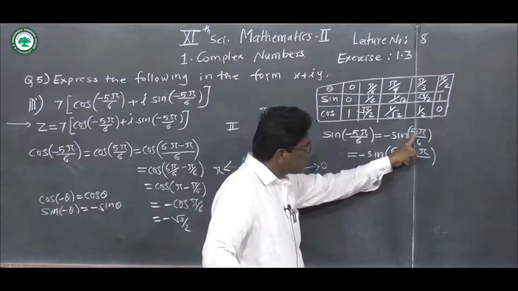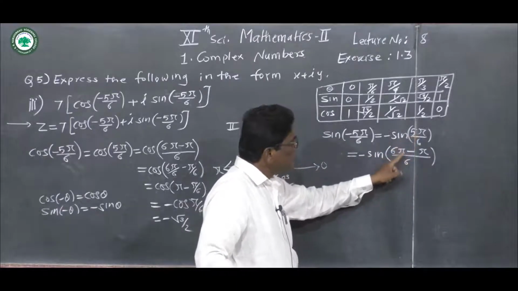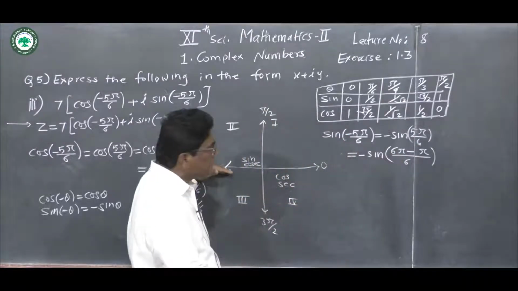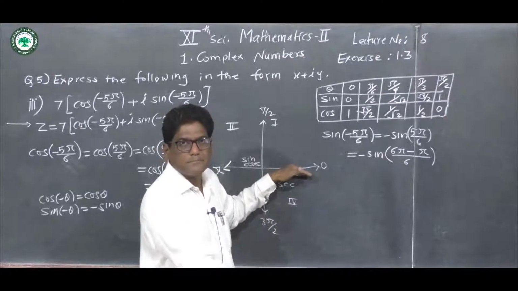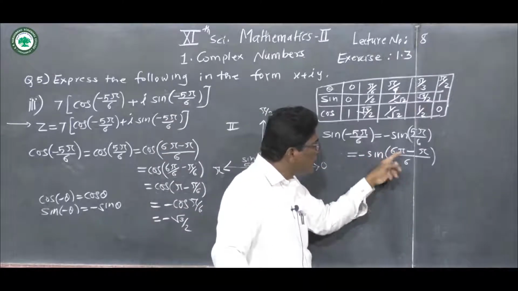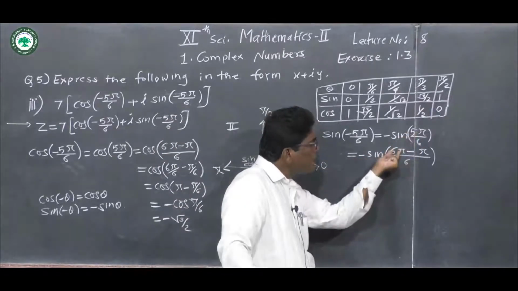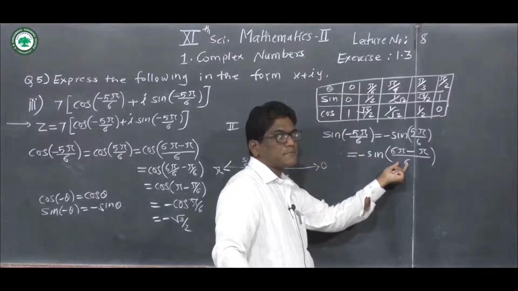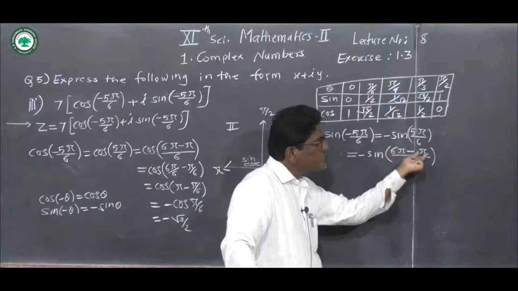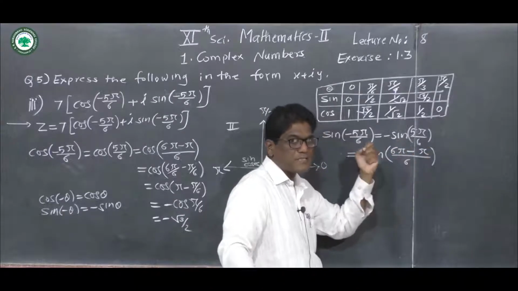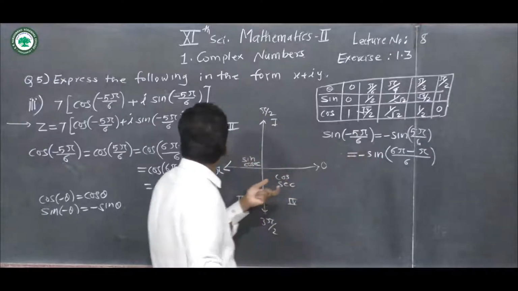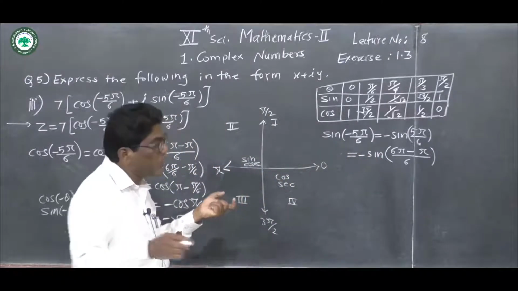We adjust this number so that when we take the division, we get the angle either pi or 2 pi. When we take 6 pi divided by 6, we get pi. So we take here 6 pi minus pi. In the previous example, there is 7 pi divided by which number? 7 pi upon 4.